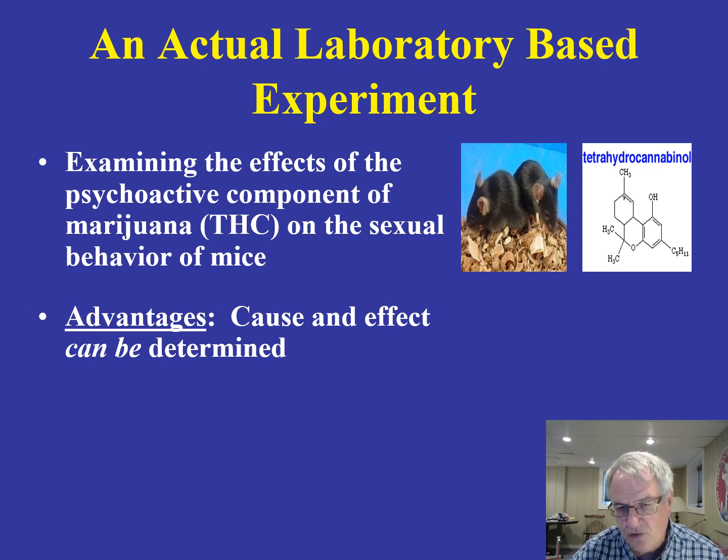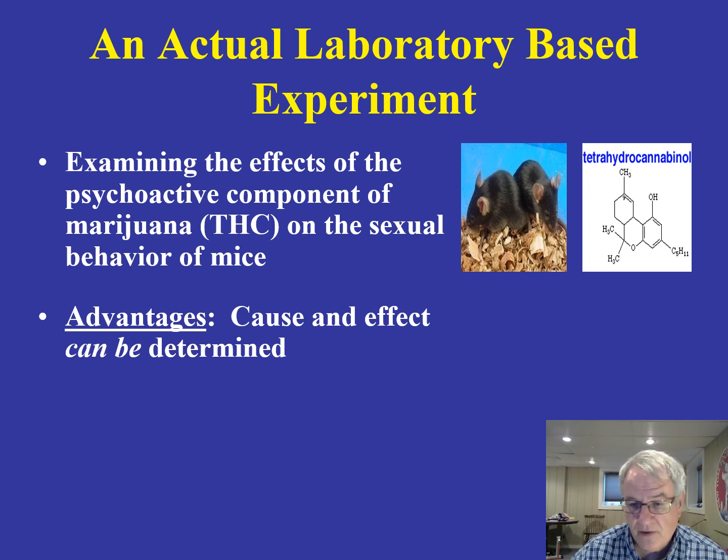That's why we do experiments, whether it's with humans or with animals, in which we have independent variables and dependent variables, in which we have experimental groups and control groups. So clearly, the experimental group here is the animals that received the THC. The control group is the animals that did not receive the THC but were treated identically.